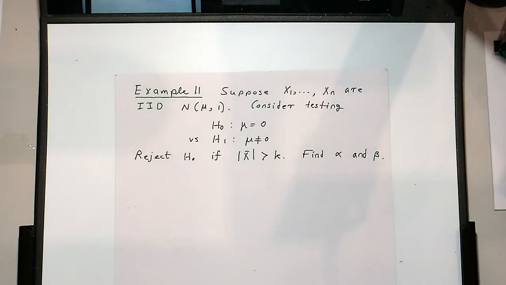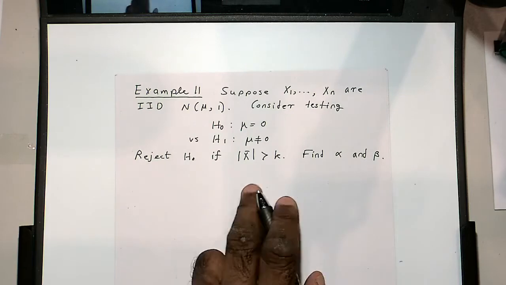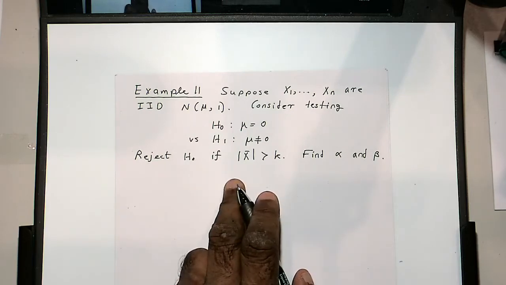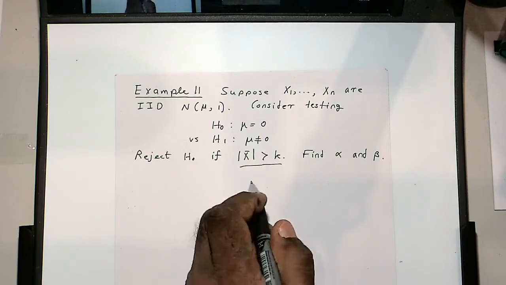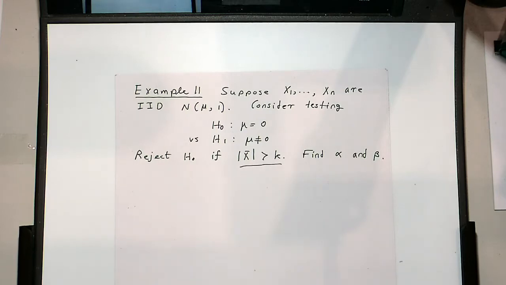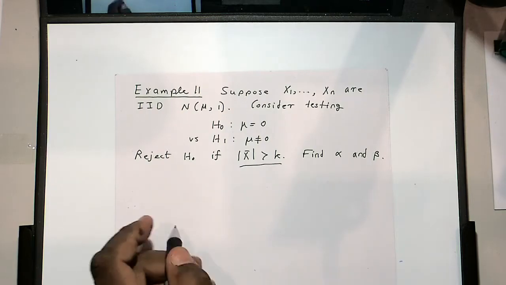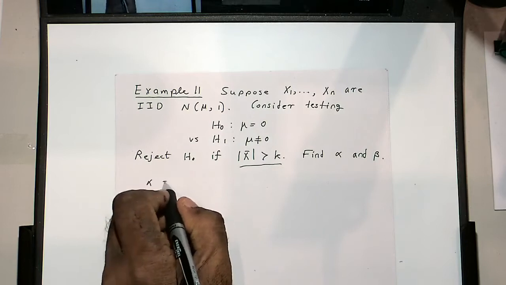So it's similar to the previous example, except the rejection rule now involves the absolute sign. So you have to be a little careful when the rejection rule involves the absolute sign, right? Okay, so let's see how we can find alpha.